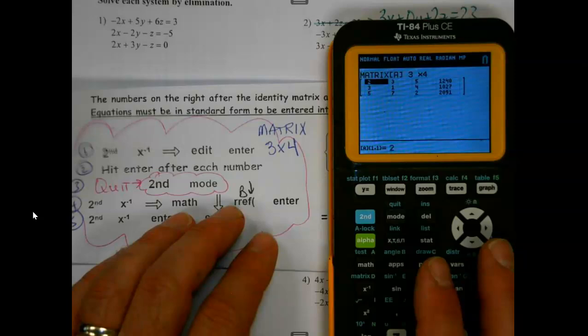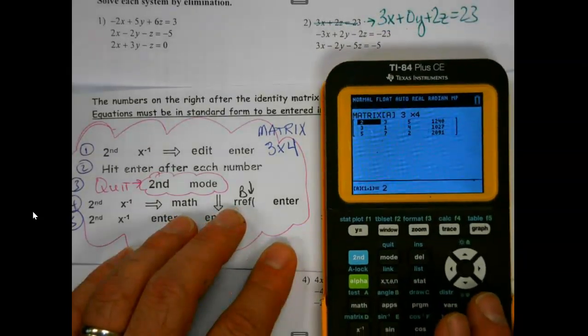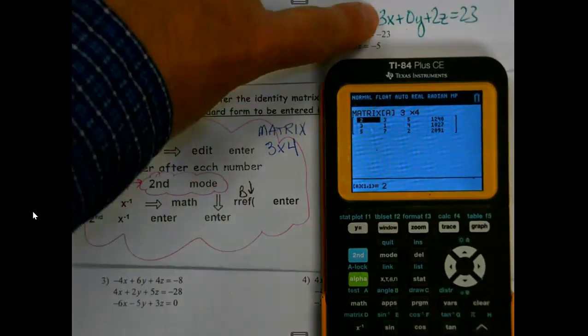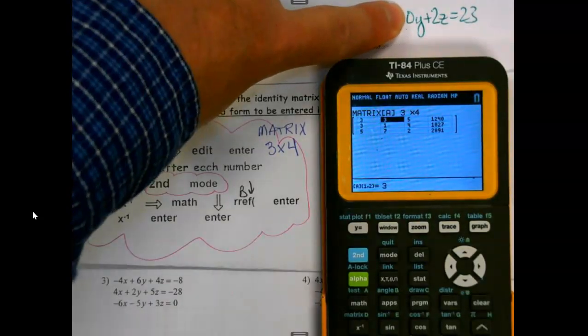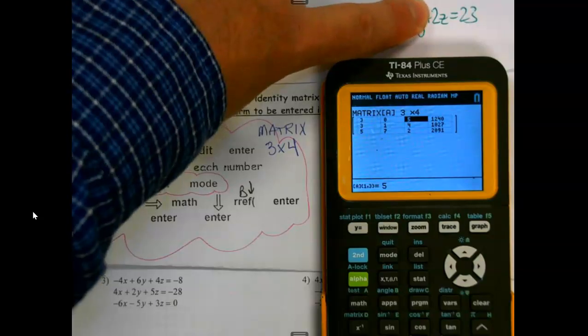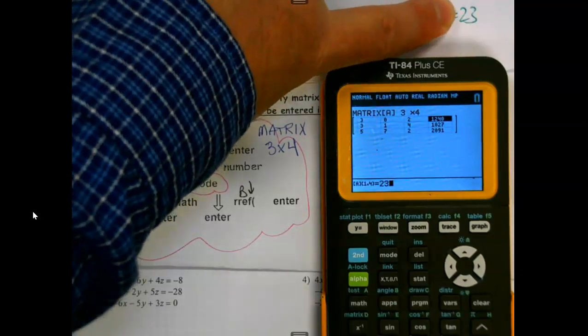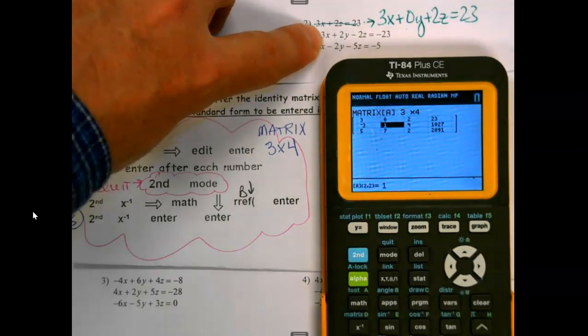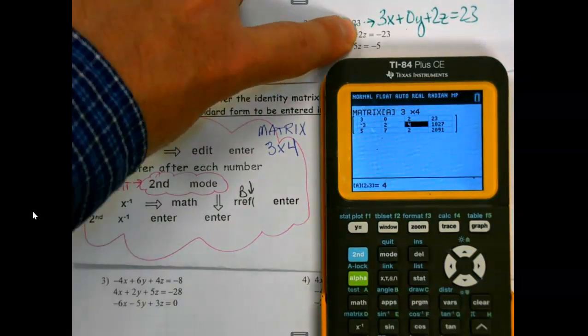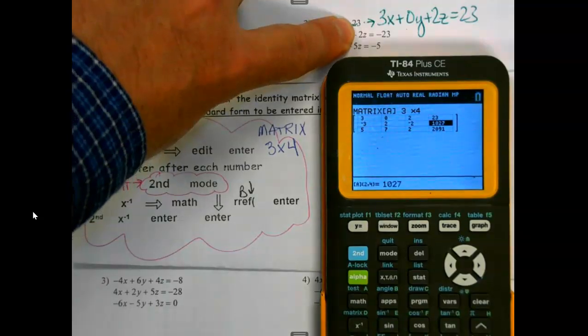Once I'm sure I'm good, let me move this down so I can actually see my values. We're just going to start, and as we punch in each number, we're going to hit enter, and that's going to keep moving us throughout our matrix. And when we get to the next line, it automatically puts us there. Only the numbers in front.